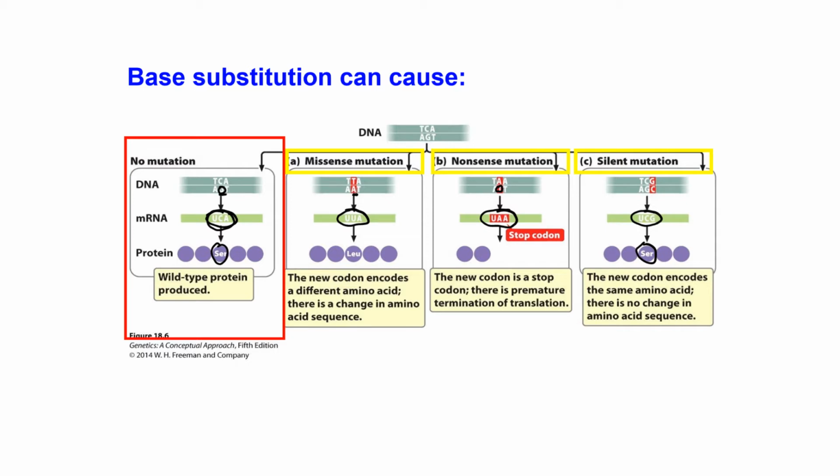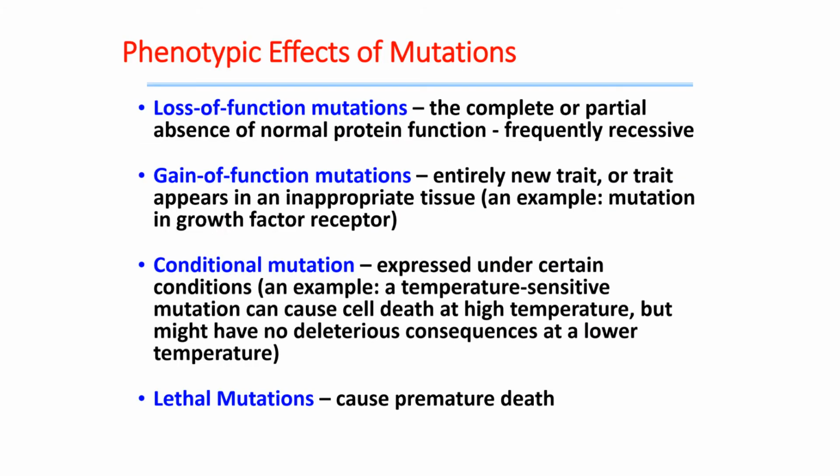So be aware that this classification is not strict, it's relative, and once we classify the mutation on the molecular level, such as base substitution, this base substitution can have different phenotypic effects, so those mutations can be classified under different phenotypic categories. When we discuss mutations, we often connect them to loss of function, that a mutation triggers dysfunctional proteins.